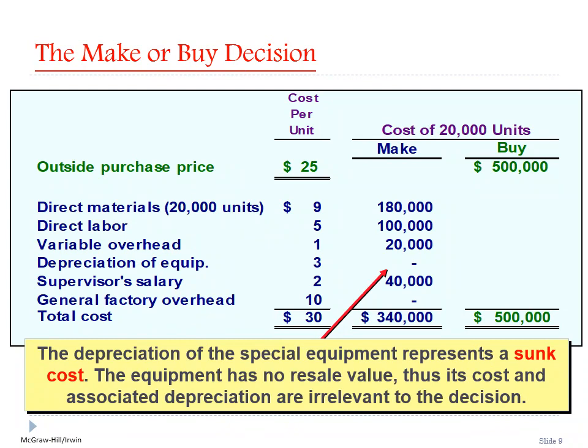Since this cost is irrelevant, I will not include it in my decision. That's why depreciation equals 0, it is not considered one of the avoidable costs. OK. Let's see more details about this decision. Let's go to the next slide.